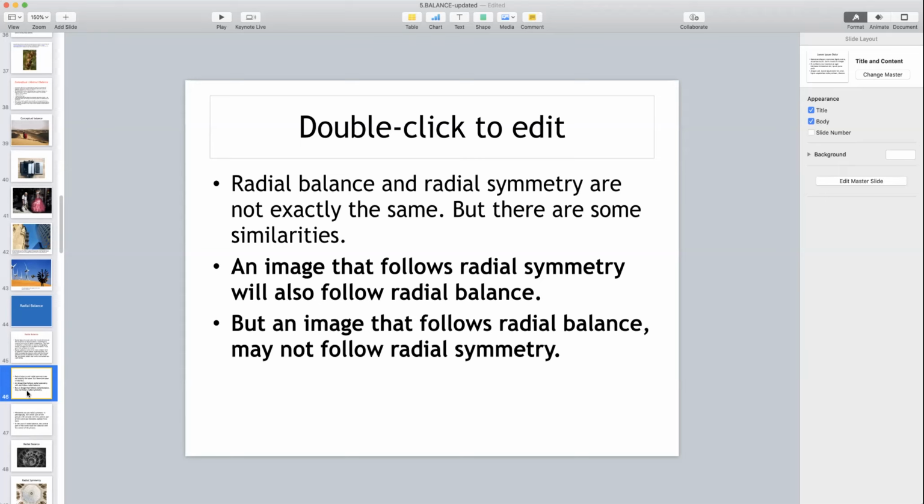You have to be an Indian citizen. Citizenship is required, but that is necessary but not sufficient. Besides that, there is age too, and no police case should be running against him. If it turns out a criminal case is running against him, he cannot become president. So that is necessary but not sufficient. Here it is the same issue. An image that follows radial symmetry will also have radial balance, but the reverse is not valid. That means an image that follows radial balance may not have radial symmetry.